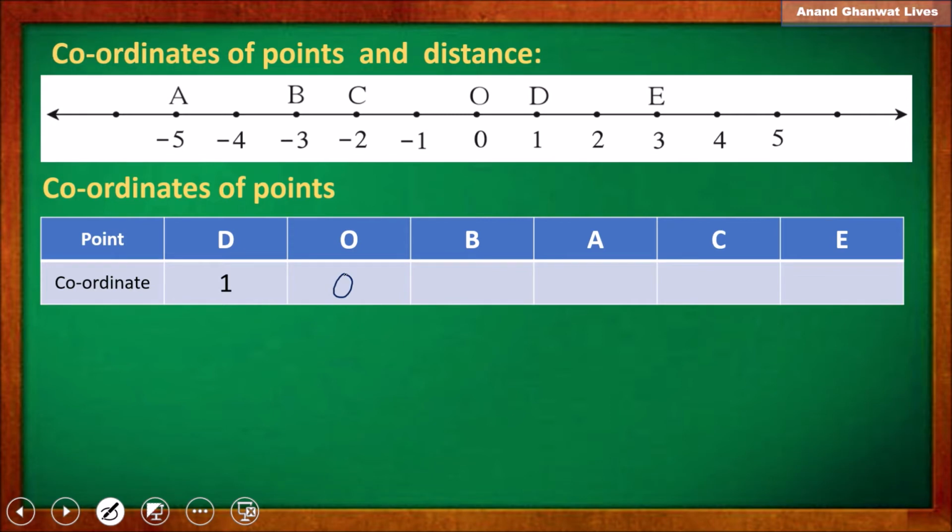Coordinate of point B, very good, it is -3. Coordinate of point A, nice answer, -5. Coordinate of point C, very good, -2. Coordinate of point E, very good, +3. So in this way you can tell the coordinate of any given point.